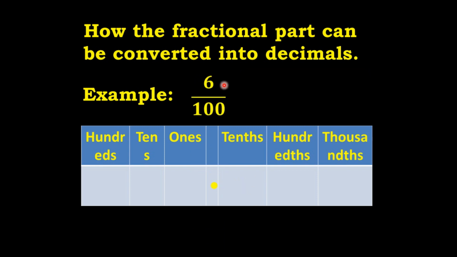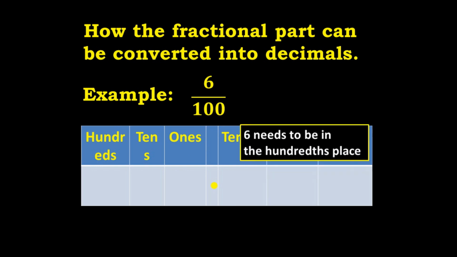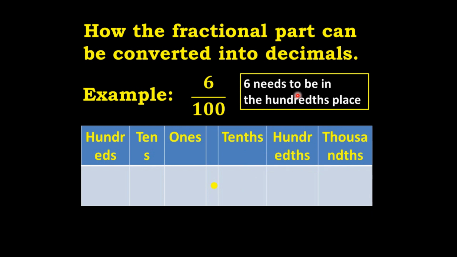Next example, 6 over 100. This time, our denominator is 100. Meaning, 6 needs to be in the hundredths place. So we will place 6 in this place value, which is hundredths.